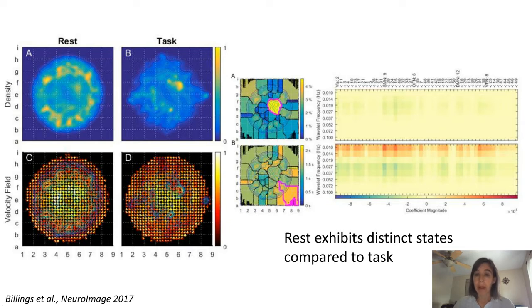But I like that rest is not merely a sum of all of the different tasks that you do. You see a lot of states present in rest that are not there in the task scans, which suggests that there's something a little bit different about doing resting state analysis than any of these particular tasks at least.